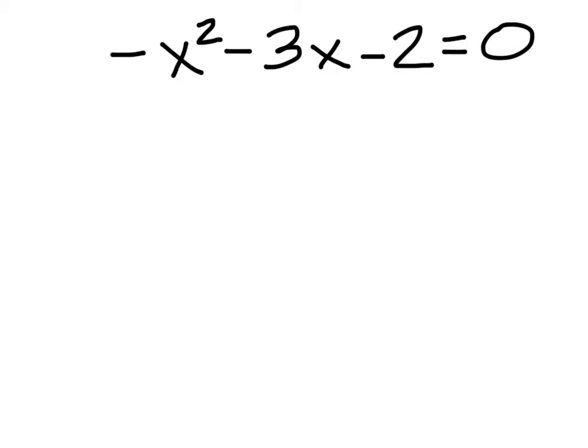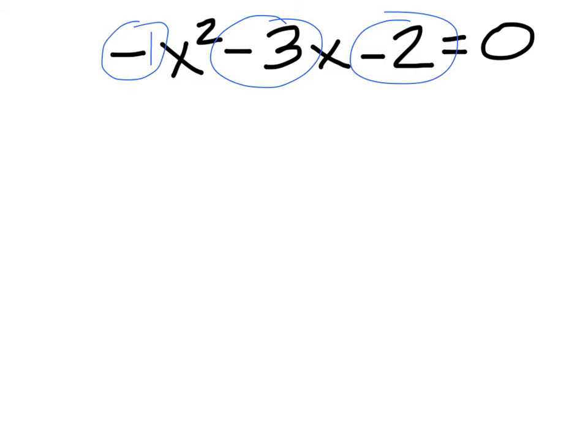Now example 1 for what we've really been doing. Negative x squared minus 3x minus 2 equals 0. So we have to find a, b, and c. The a is negative 1, the b is negative 3, and the c is negative 2.